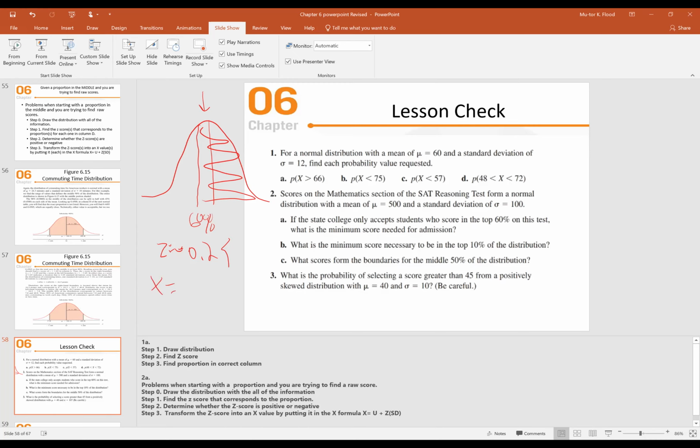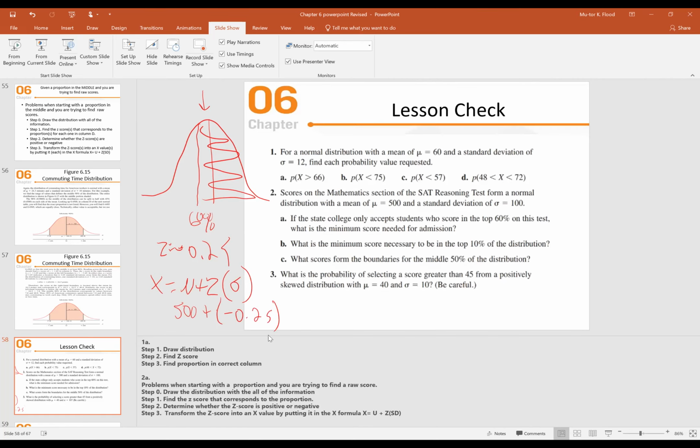So x equals the population mean plus the z-score times the standard deviation. Our population mean is 500 plus negative 0.25 times the standard deviation of 100.